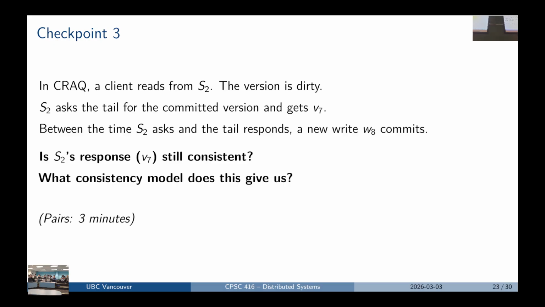Because W8 or write 8 could affect D7, but at that timestamp, it would still be the value that it was. Right. So this is, again, the observability issue. Remember when we talk about consistent cuts, we can return a value that is stale after we grabbed it, but it's still consistent.